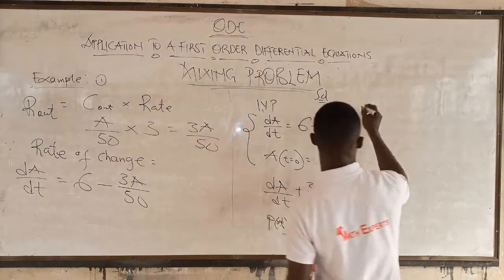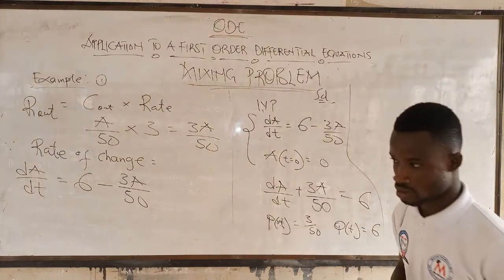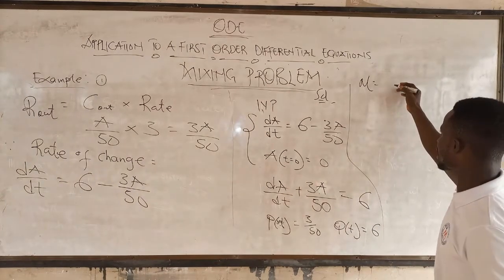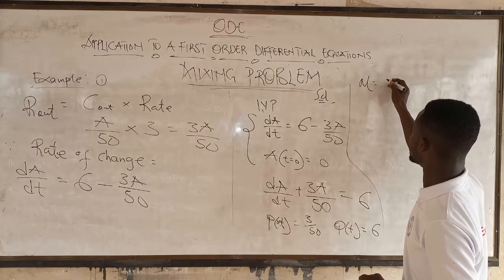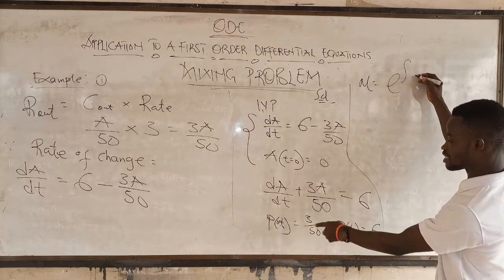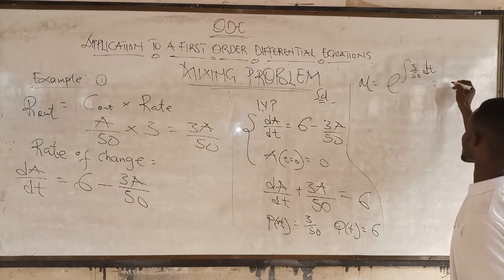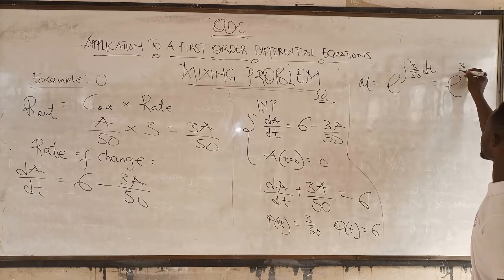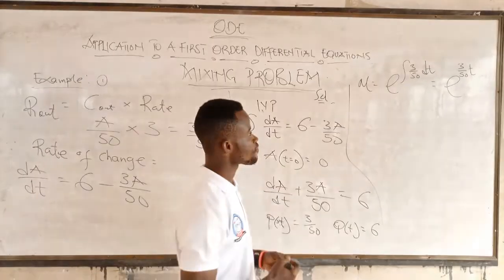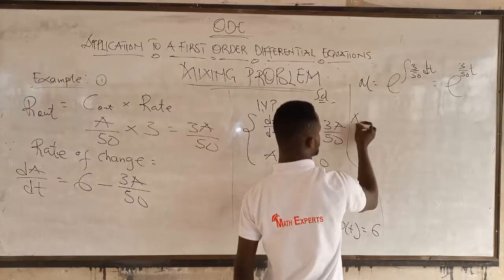Okay. Then we move on to find the integrating factor, which is e to the integral of P of t, 3 over 50 dt, and that's going to give you the integrating factor. Alright, then we go and write the general solution.